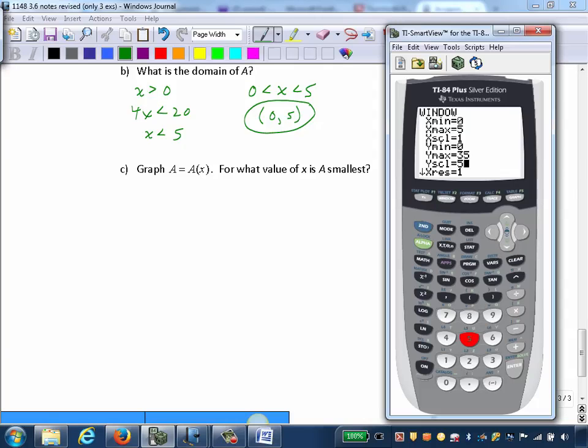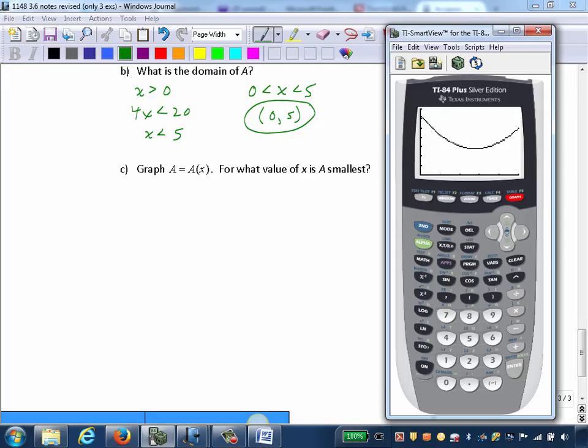I think it's easier to always increase that scale when you increase the y value or the x value range. That's just indicating you'll have a tick mark every 5 units instead of every 1 unit. And I think that helps you visualize this better and makes the graph more clear. Okay, so let's graph. And here we get our shape.